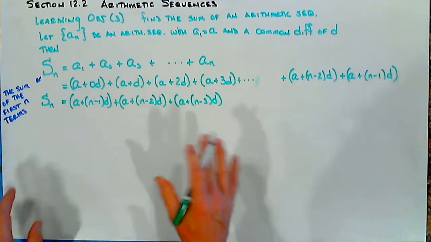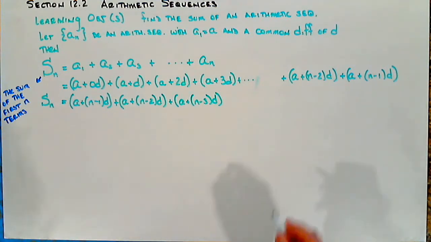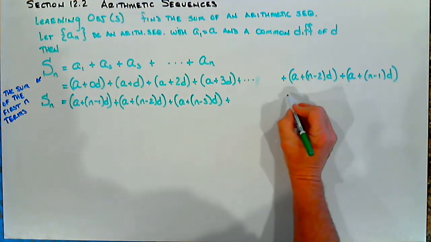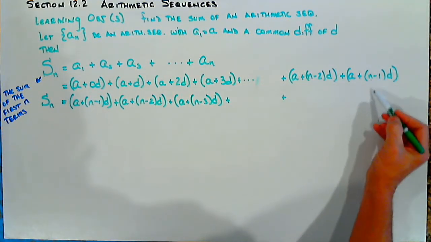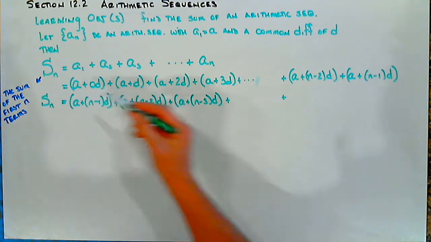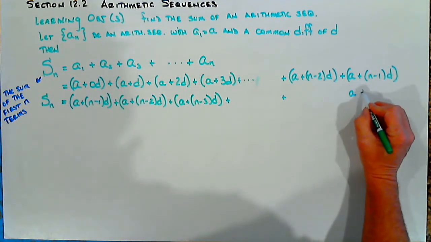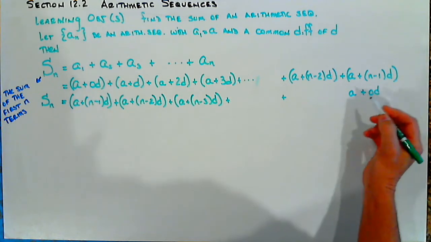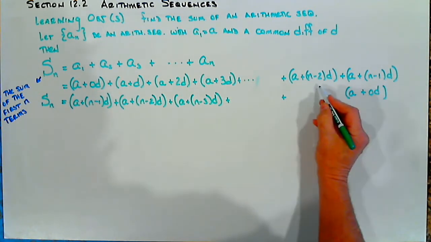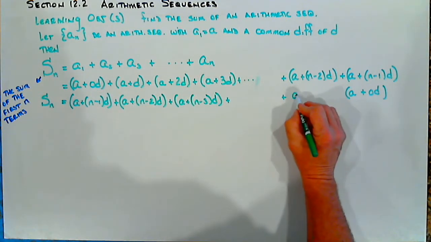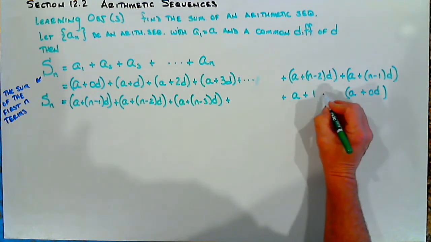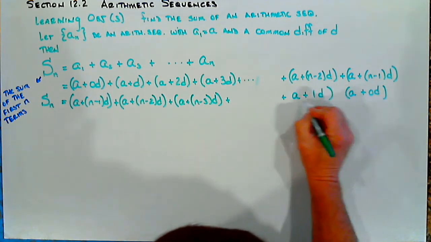I promise this is going to turn out to be pretty neat, so just be patient. Now, who goes under here? Well, the first term, which is a plus 0d's. That's what we said that one was. And who goes here? The second term. That's a plus 1d. I'll go ahead and put the 1 in front.